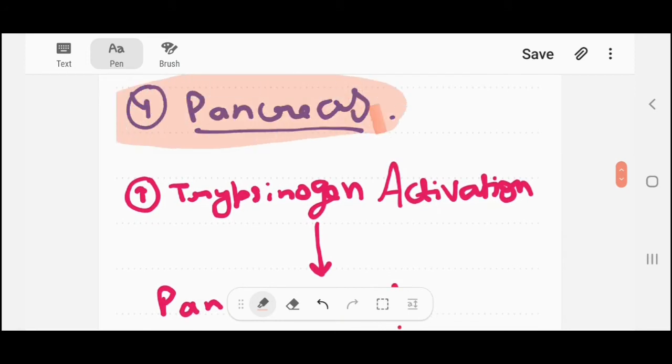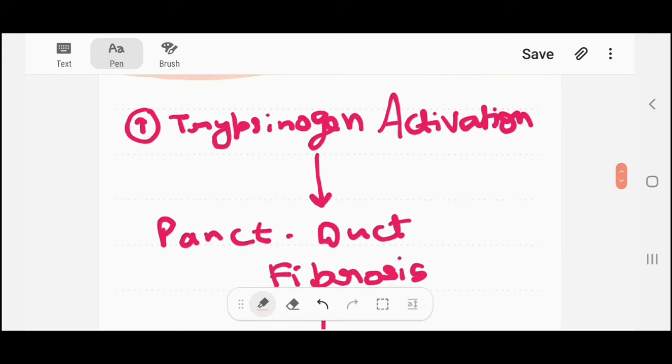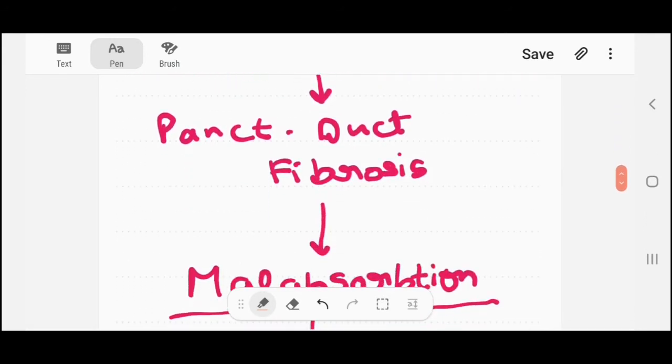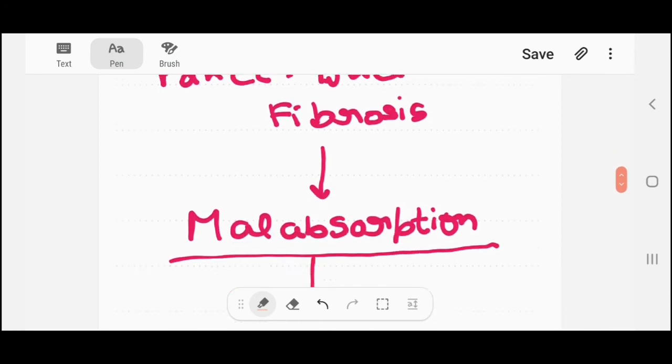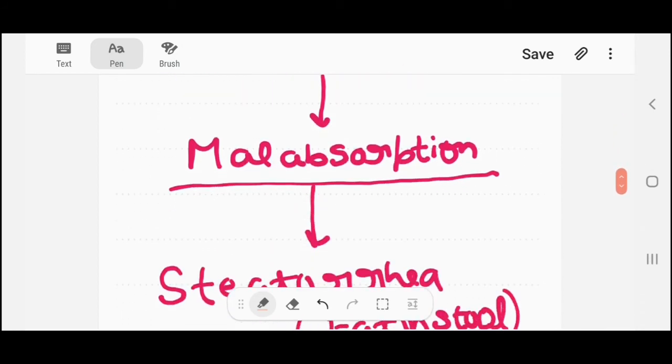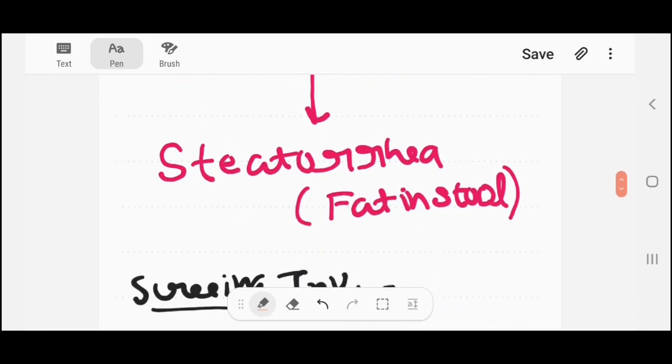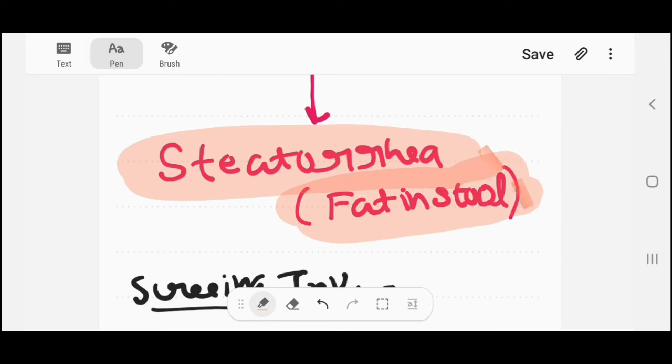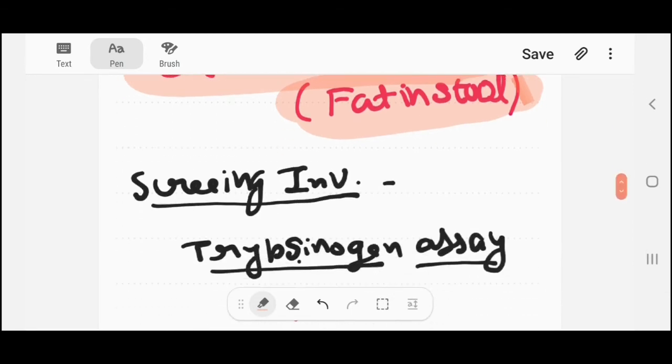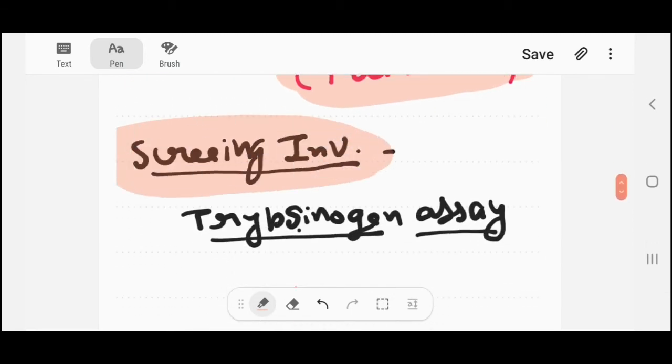In the pancreas, there will be increased trypsinogen activation, which causes pancreatic duct fibrosis, and in turn causes malabsorption and steatorrhea. Steatorrhea means fatty, bulky stool. This is a very important screening investigation: we can do a trypsinogen assay in a patient of cystic fibrosis.